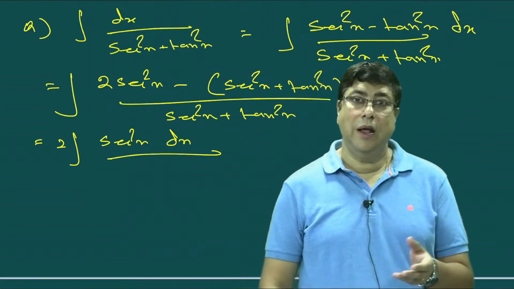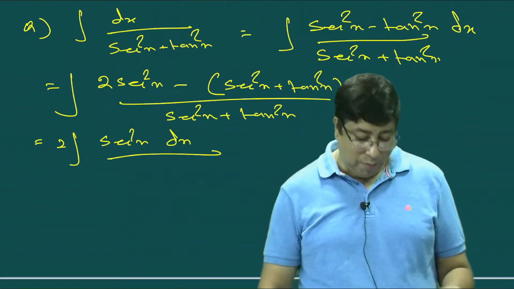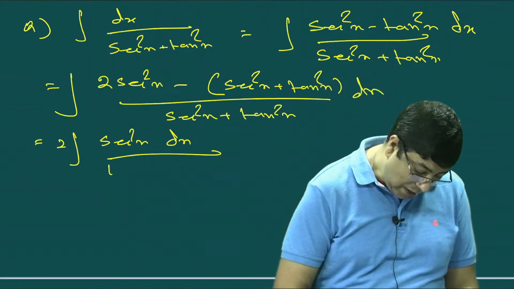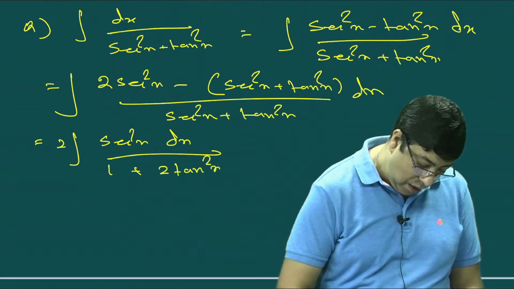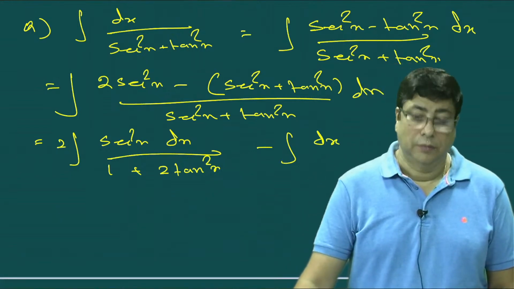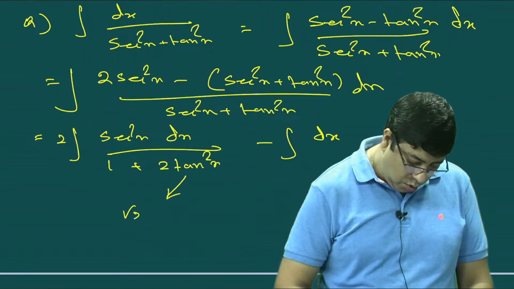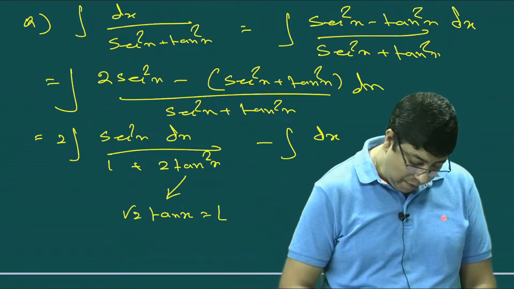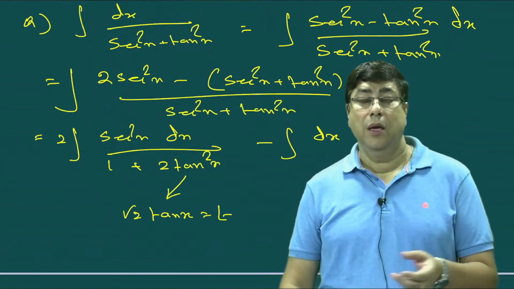So obviously in the denominator with sec square x we will write 1 by tan square x. In the denominator we have 1 plus tan square x, so 1 plus 2 tan square x, minus dx. Okay, everybody. So here we can take root 2 tan x as t. Remember one thing, if we take tan x equal to t, once again we have to take 2 outside to get the exact formula.